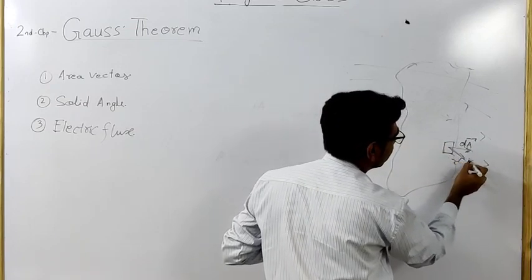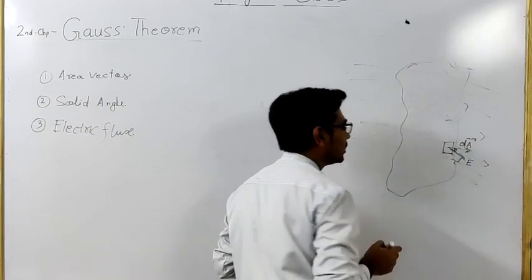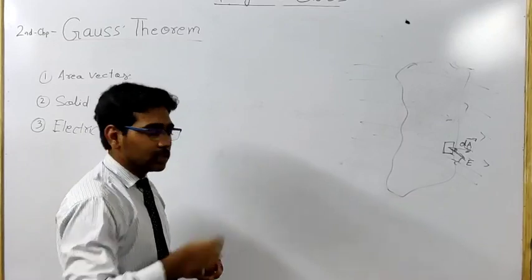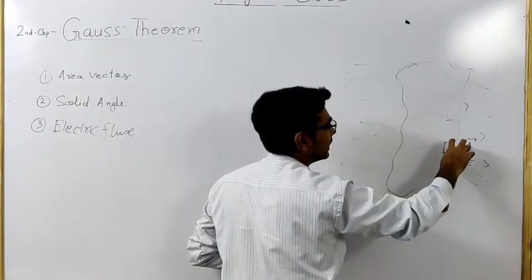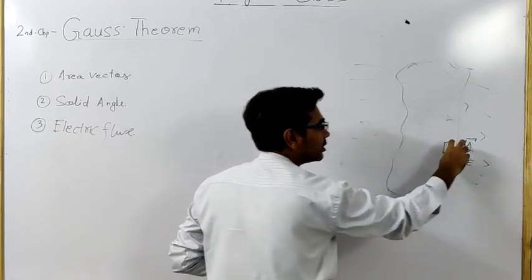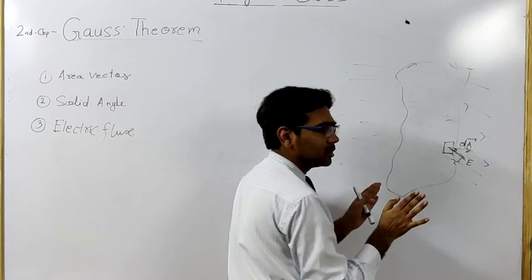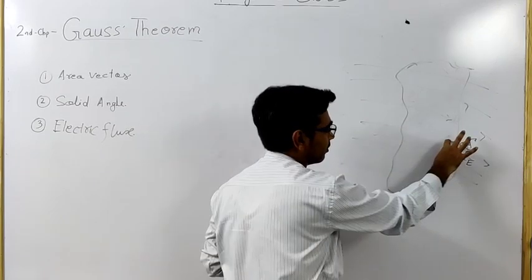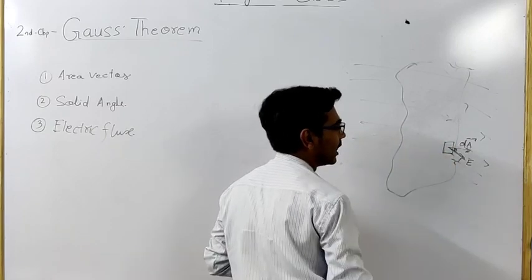So this is your electric field E, and between them is the angle theta. Since this small area which you have taken from the big area is so small, in this particular zone the electric lines of forces are almost uniform, equispaced, and this area, since it is small, is almost flat.